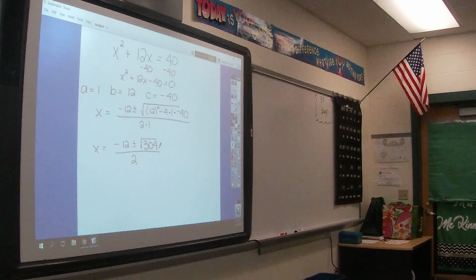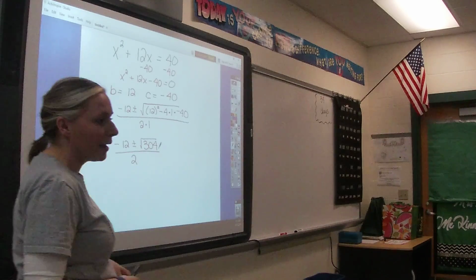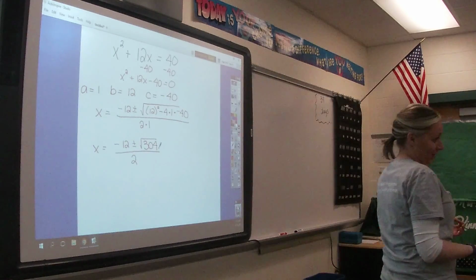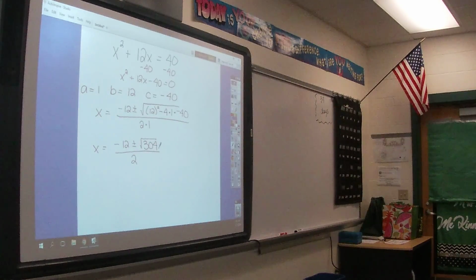Okay, now remember what I said yesterday. Always check and see if it is a perfect square first, because you do not want to start prime factoring and simplifying if it's a perfect square. Okay, so check it first. 304 is not a perfect square.